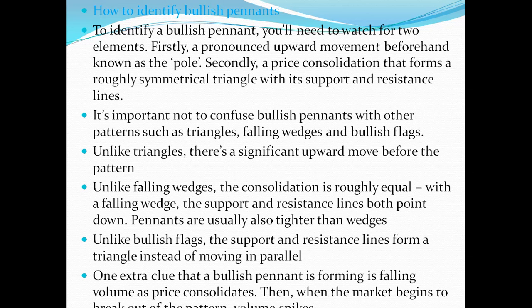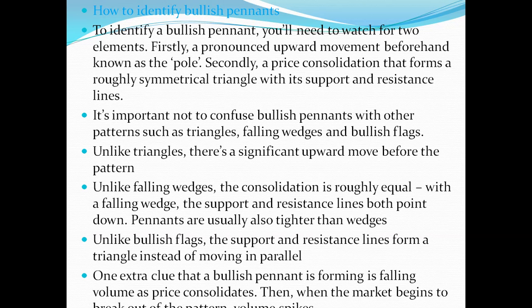Pennants are usually also tighter than wedges. Unlike bullish flags, I will cover this later. I will cover the falling wedge also. The support and resistance lines form a triangle instead of moving parallel. So this you have to see.